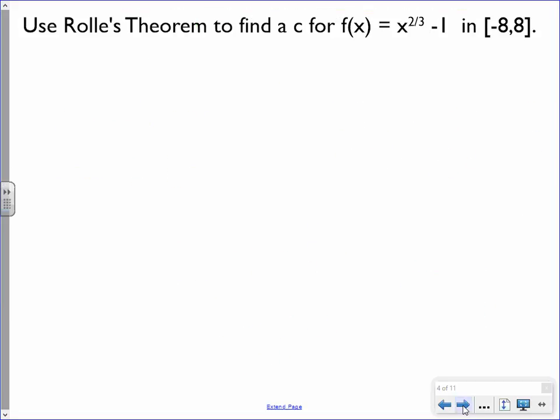Let's talk about this one. F of x is x to the 2/3 minus 1, and our interval is -8 to 8. What's the first thing that we have to consider?